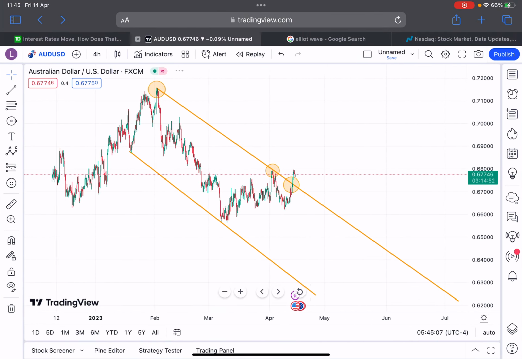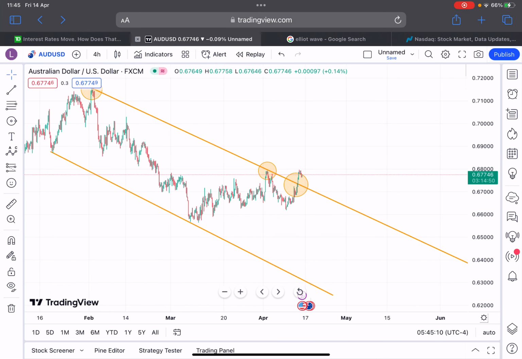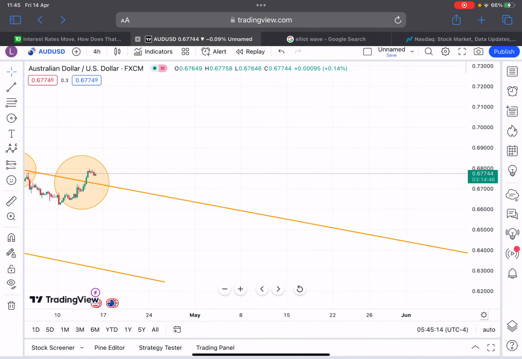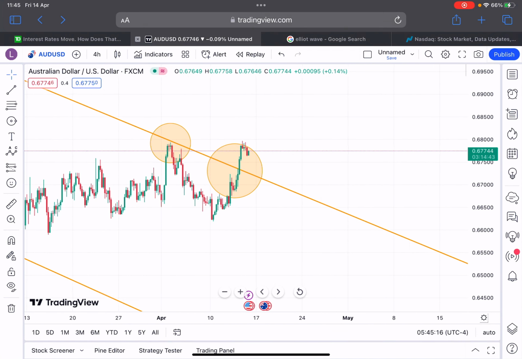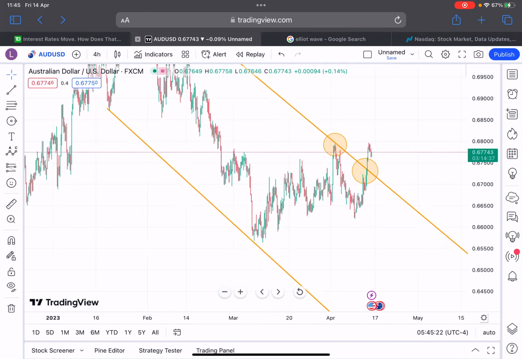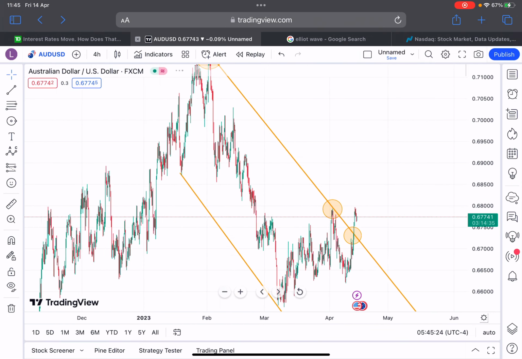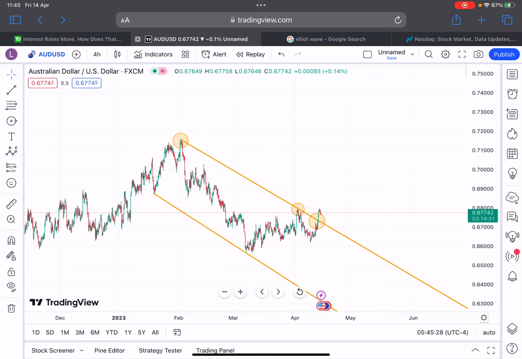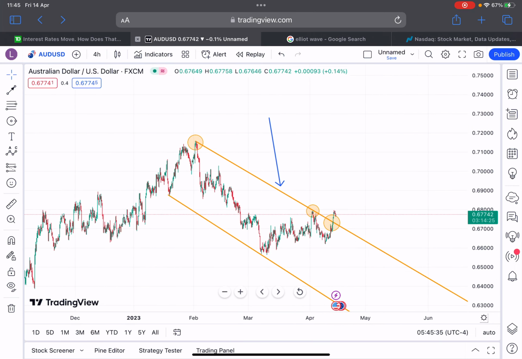So I'm on H4, and on my H4 this is what I see. Let me try to zoom in. On my H4 this is what I see. So this is the analysis for my H4, and this is the analysis from my day 1. On my H4 I see that the analysis from my day 1 has broken this channel.